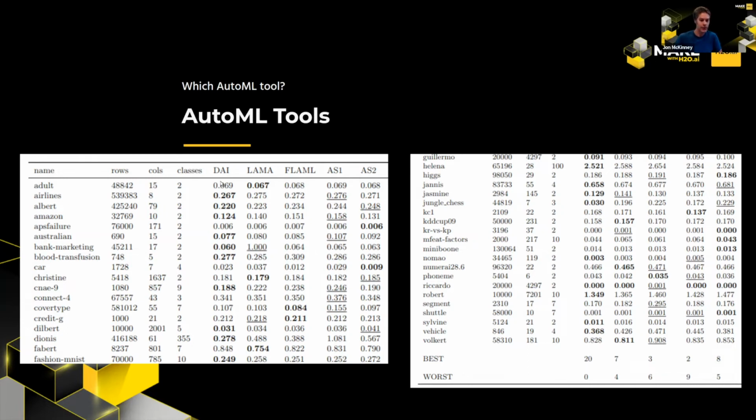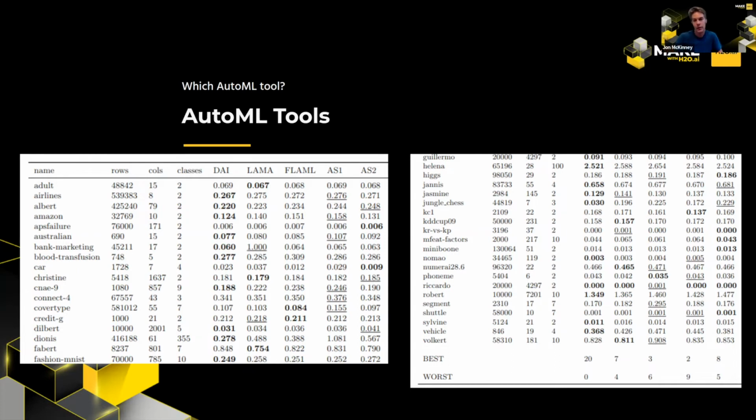So you can see Driverless AI here, and what has been done is to take either accuracy or log loss and try to write it in a way where smaller is better. So this is either log loss for a particular data set after 1 hour of running, or it's 1 minus AUC, if you know what that means. So we just take the area under the ROC curve, and take 1 minus that.